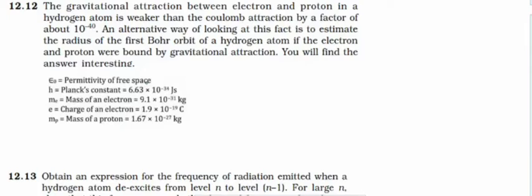You are asked to estimate the radius of the first Bohr orbit of the hydrogen atom if the electron and proton were bound by gravitational attraction. So instead of electrostatic attraction, which governs the orbit and other aspects of the atom, you are asked to assume it is gravitational force that binds the electron with the nucleus. Taking that aspect, you are asked to calculate the radius.